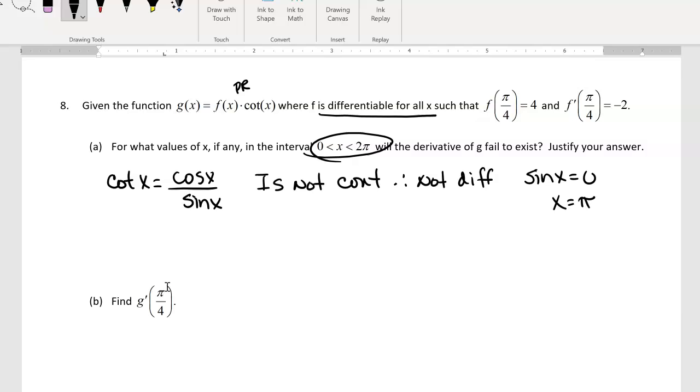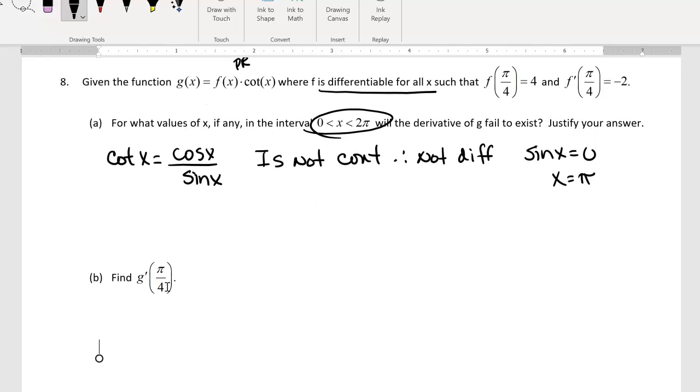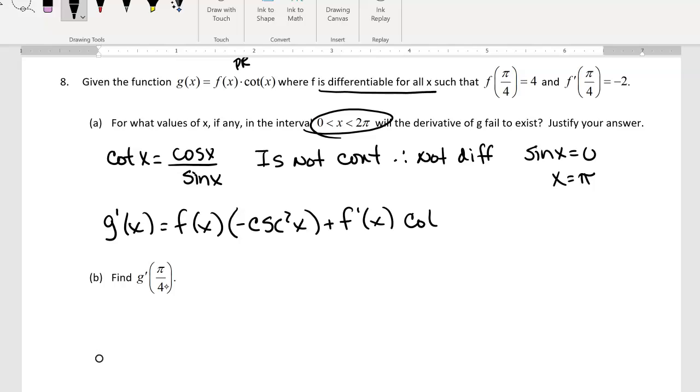We could also, if we're talking about differentiable, then we probably should go ahead and take a derivative. We're going to need it here anyway. So let's do the product rule. G prime of x is f times the derivative of cotangent, which is negative cosecant squared, plus f prime times cotangent.